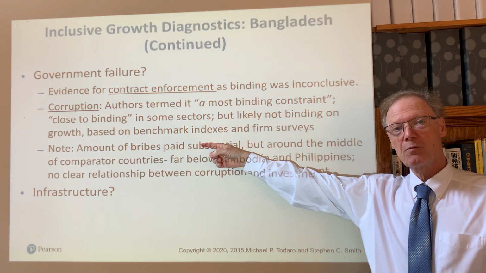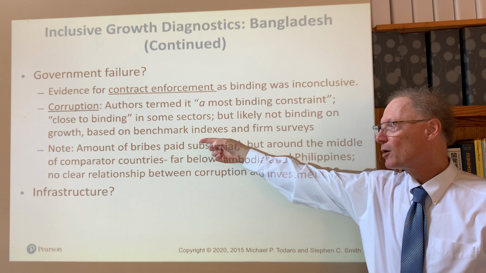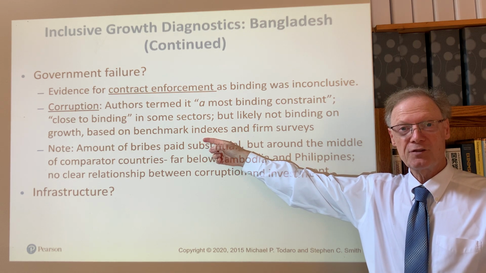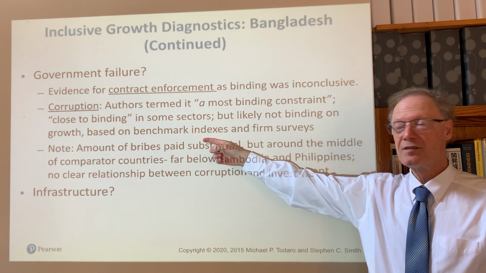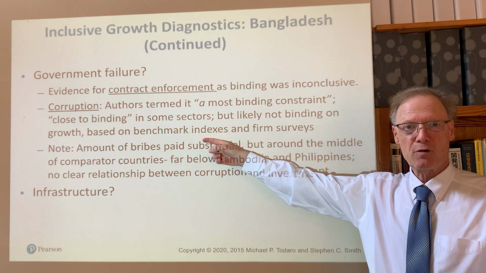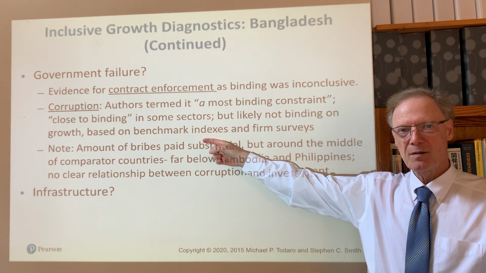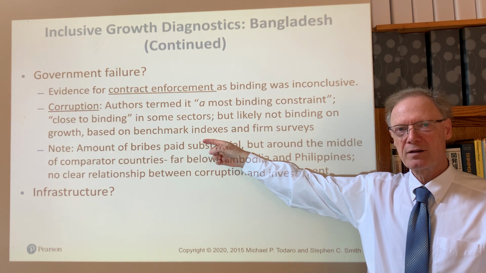Also, another area where you can find data are the so-called benchmarking indices. And because we're talking about corruption, I'll give the example of Transparency International's international corruption indices. And Bangladesh doesn't come out great, but they don't come out worse than its comparator countries. So you can see more about that in the textbook.